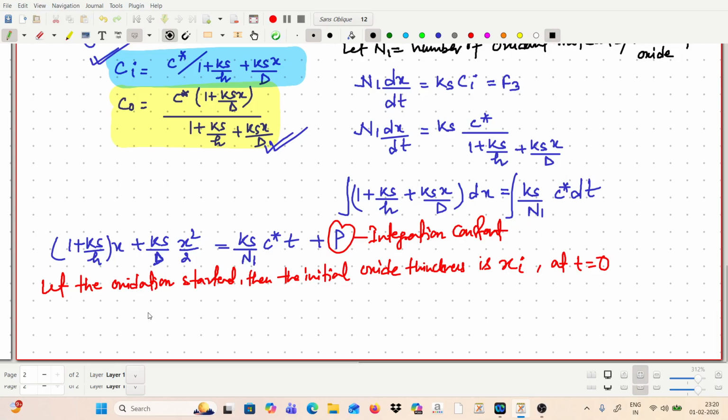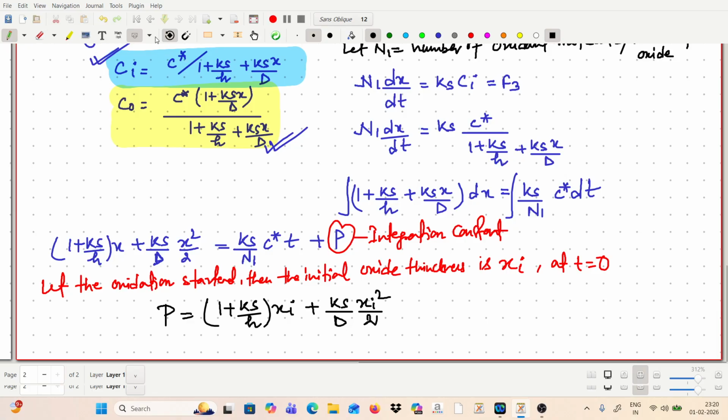The p value, the integration constant, will be 1 plus ks by h into xi plus ks by d xi square by 2. Is it okay? So now this is the integration constant.